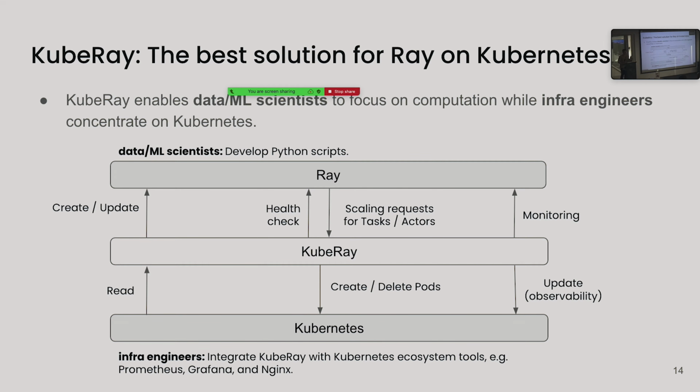One is the data scientist, who focuses on their computation and the Python script, so they don't need to worry about how to build a Docker image or how to write YAML files. The other side is infra engineers, who we want to focus on infrastructure stuff, like monitoring with Prometheus and Grafana, Fluent Bit, and setting up ingress, like Nginx.